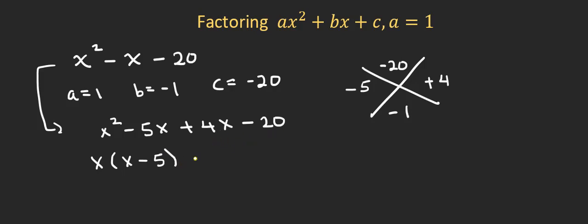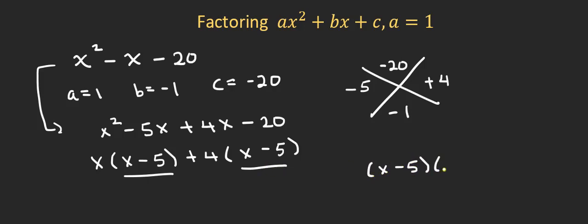What can you take out here? Positive 4, times x minus 5. You have a common factor, x minus 5. Take out x minus 5, and you're left with quantity x plus 4. Again, you should check it by foiling or distributing to see if you get the original expression.